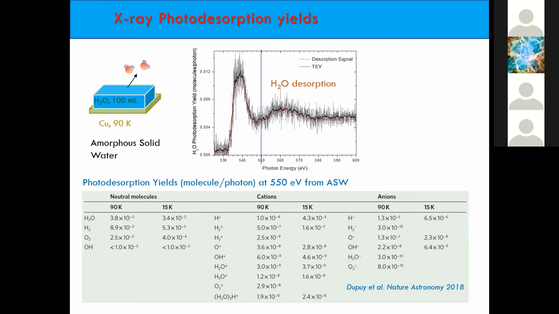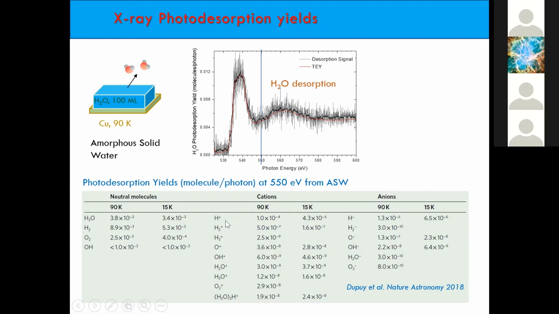And what we do observe is a lot of products from the ice. We do observe a large variety of cations, of ions. The most desorbing cation is H+, with some yield. Here, with a calibration that I'm not going to detail, we are able to estimate the number of molecules per incident photon.